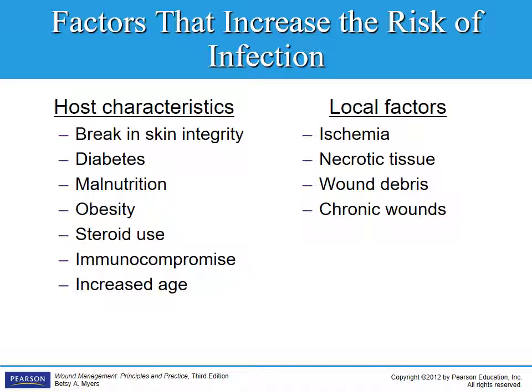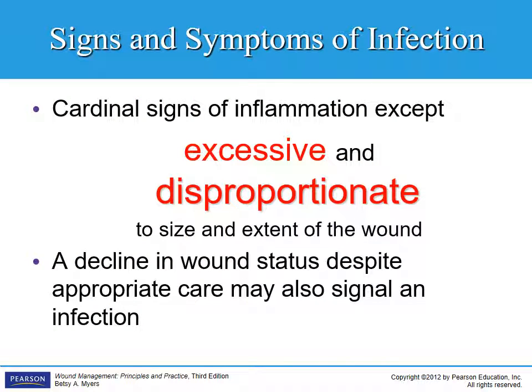Again, as we talked about in the last slide, a chronic wound that's in a chronic inflammatory process that's not moving through that process. So that can increase that risk of infection, and those microbes continue to grow and colonize and infect the tissues.